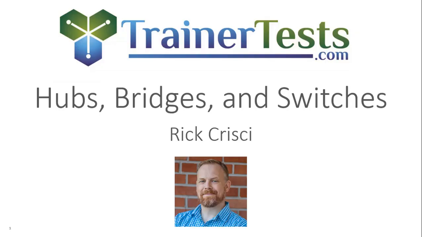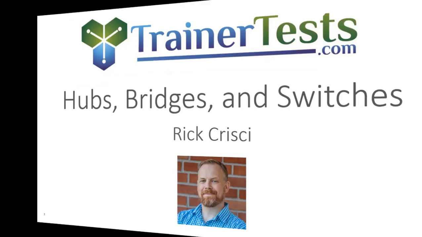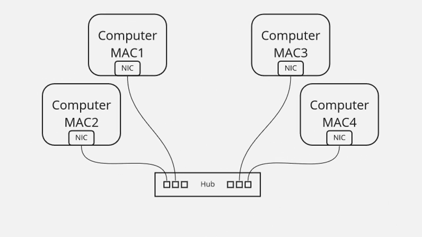In this video, we'll learn about hubs, bridges, and switches, and how they're used to connect devices on a local area network. Here you can see a diagram very similar to what we saw in our last lesson. We have two computers that want to communicate using a unicast.